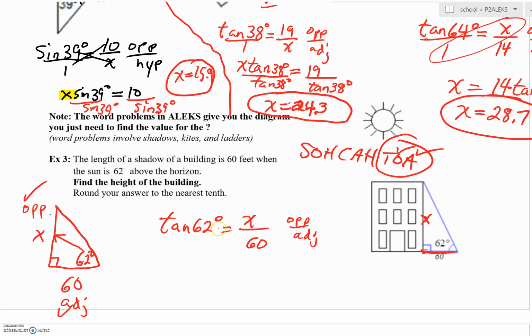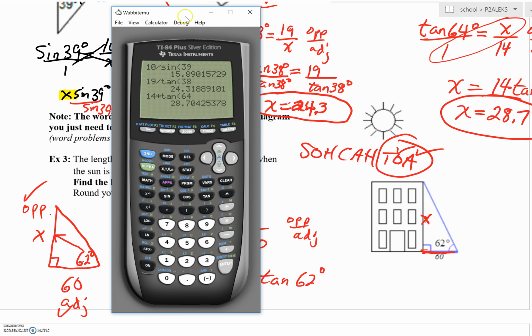And then here we go again, cross multiply. For every one of these problems, guys, we're going to cross multiply. Some of them, you're going to have to do an extra step to divide to get x alone. Do we need to get x alone right now? No, it's already there. You can see x is all by itself.